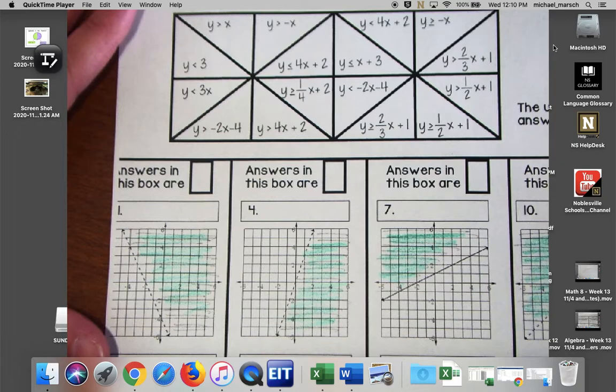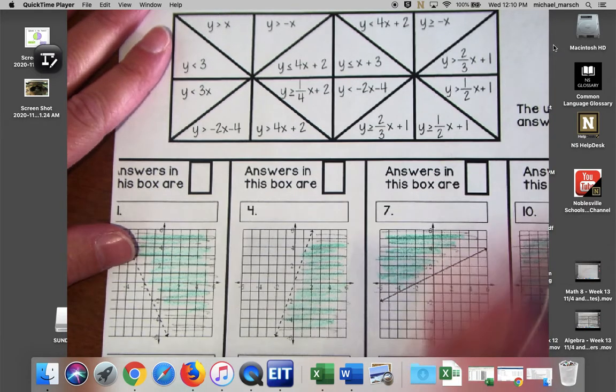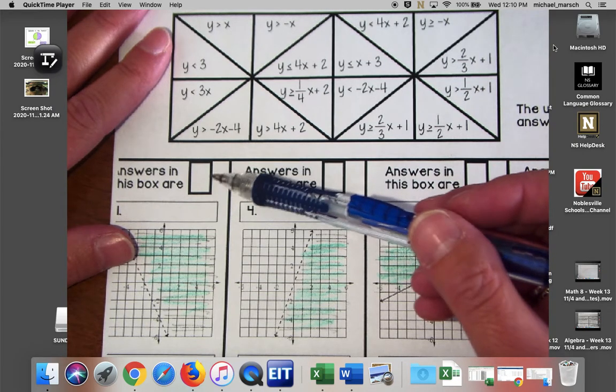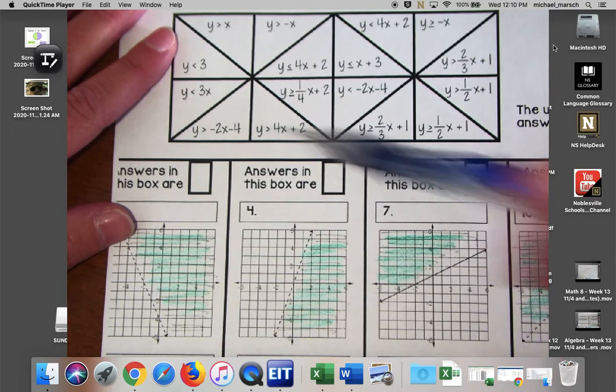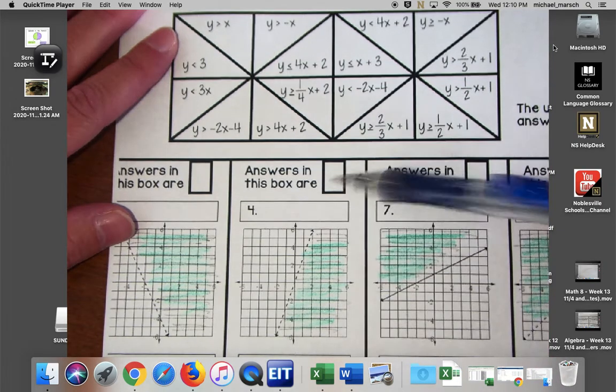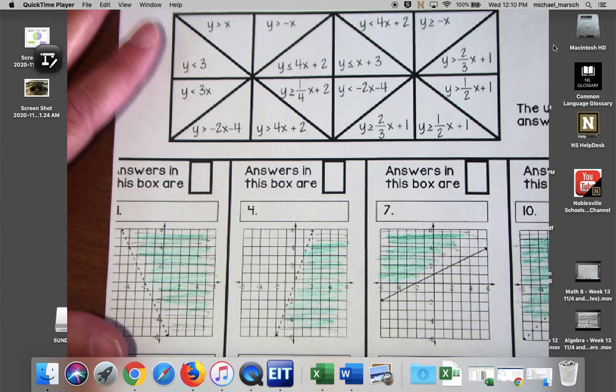So you can make questions 1, 2, and 3 whatever color you want. Any answers in this column will be this color. Any answers in this column will be this color. I don't care what colors you pick, just don't make them all the same color, right? No funny business in making them all purple. Okay? I'll make all of them purple except for one green.